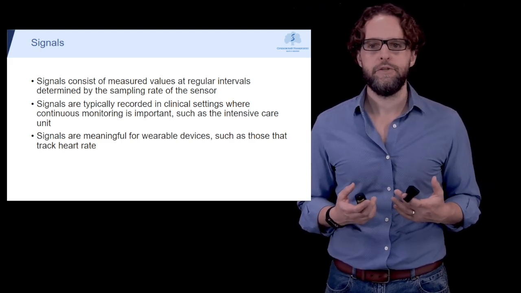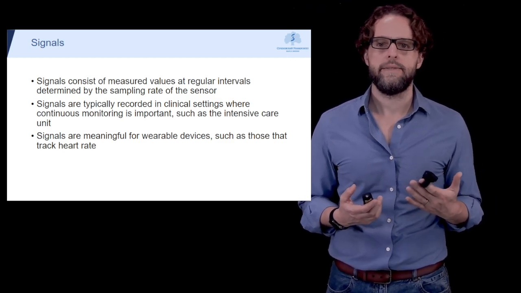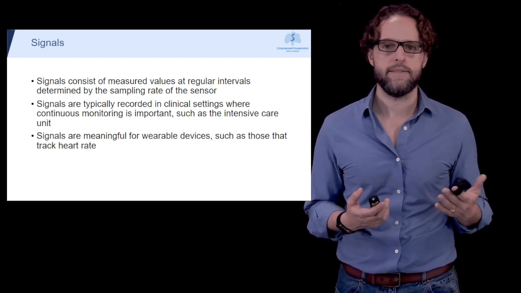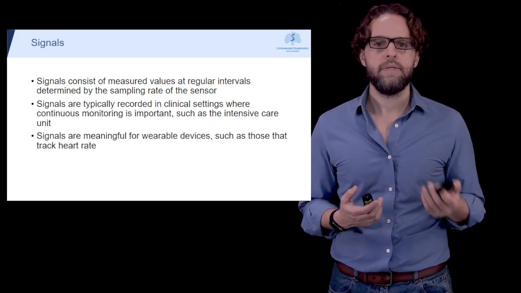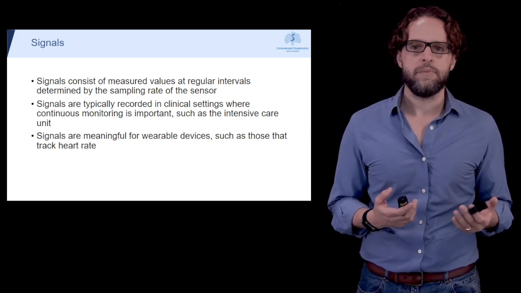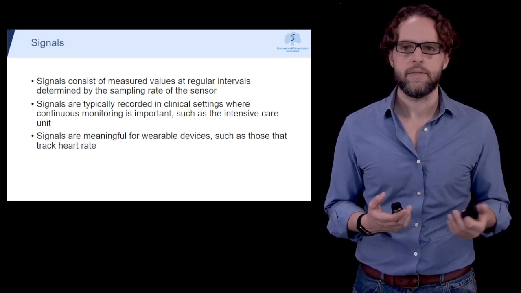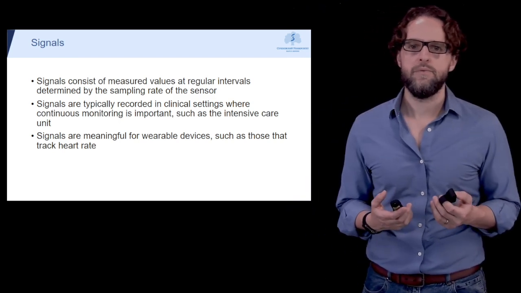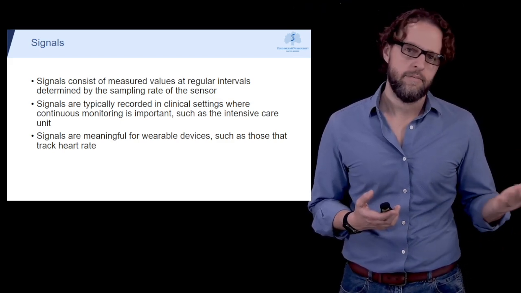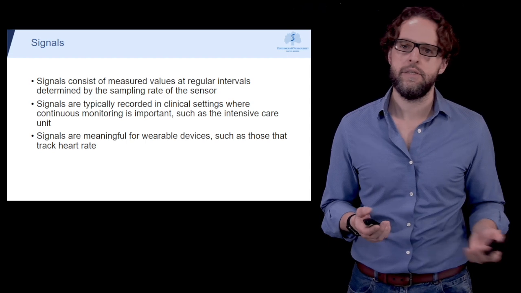The distinctive features are that signals consist of measured values at regular intervals determined by the sampling rate of the sensor. Signals are typically recorded in clinical settings where continuous monitoring is important, such as intensive care units. Signals are meaningful for wearable devices, such as devices which are able to track heart rate, oxygenation, and so on.